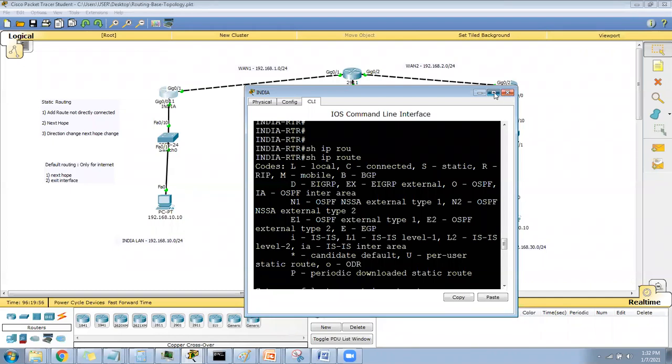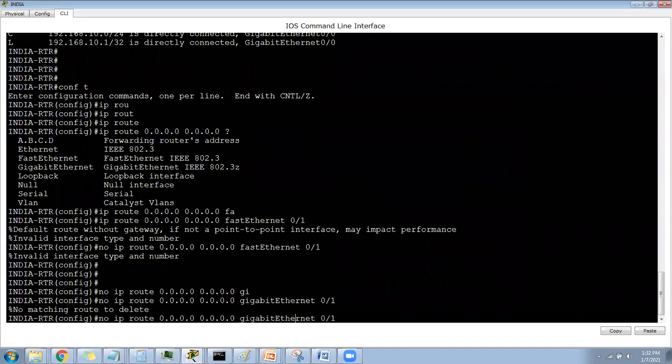Okay, fine. Sorry, see what I did: I used a no and tried to remove it, that's why it says no matching route. There is no route actually to delete. So now this is the correct one.